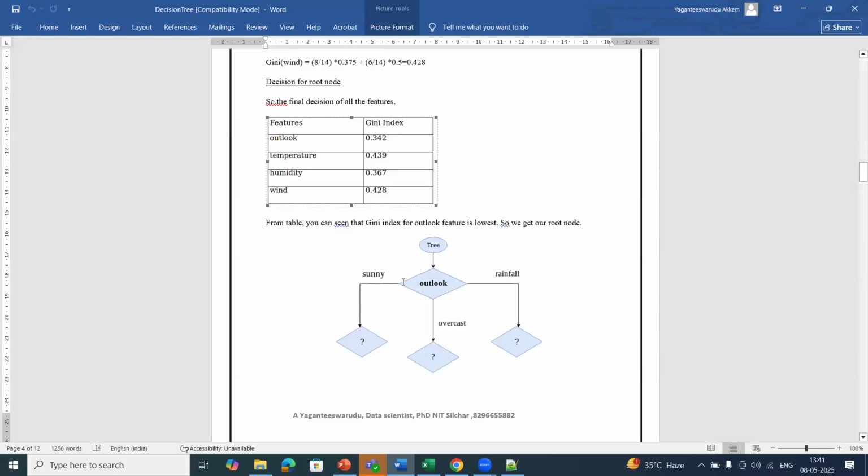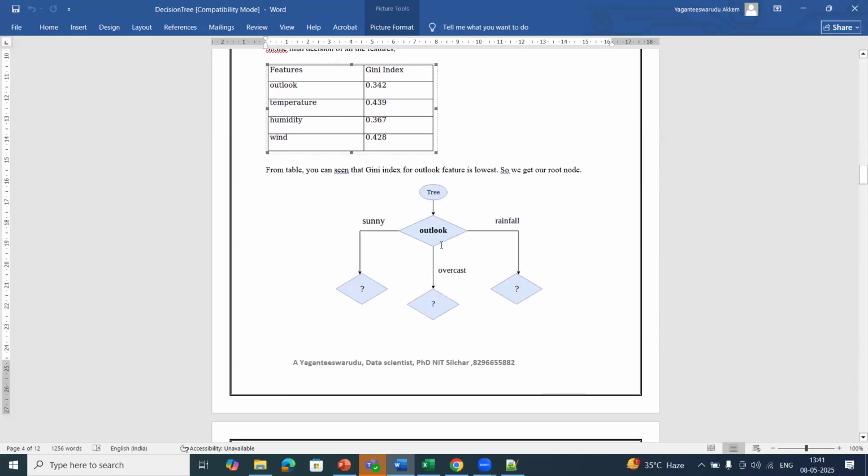So now there are three branches. One input is sunny, another input is overcast, and another input is rainfall. Now I need to find these intermediate nodes, and finally we need to find the final decision whether play will happen or not.